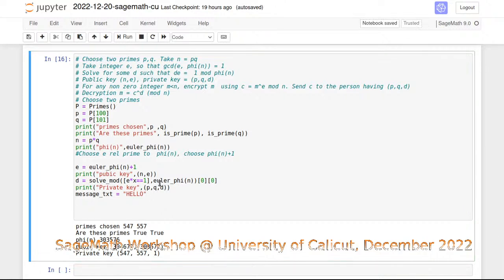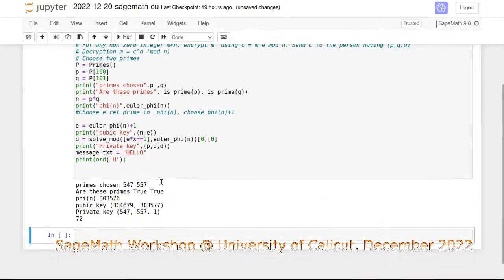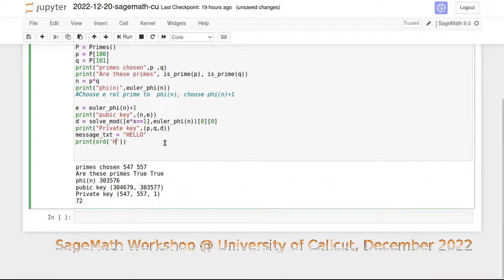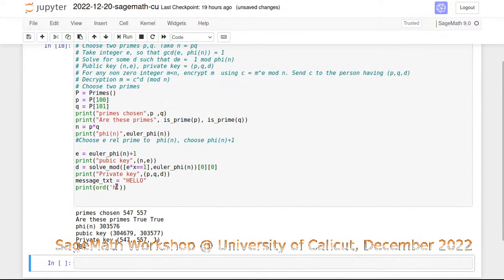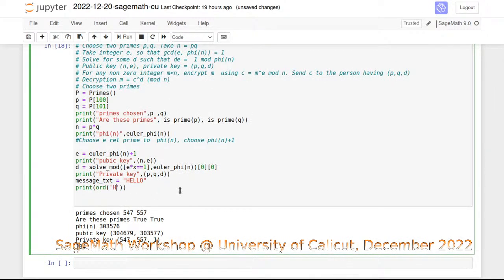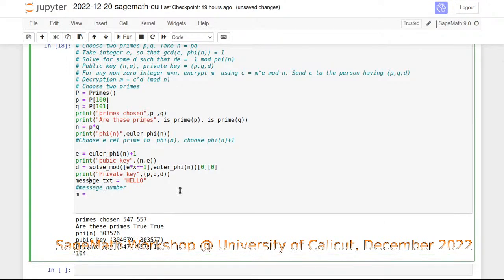We are going to use the function called ord for that. For example, ord of H, where H is the character, is 72. Ord of small h, if you choose, is 104. So for all these characters in the message text, we are converting that into a list, let us call it m for typing simplicity.